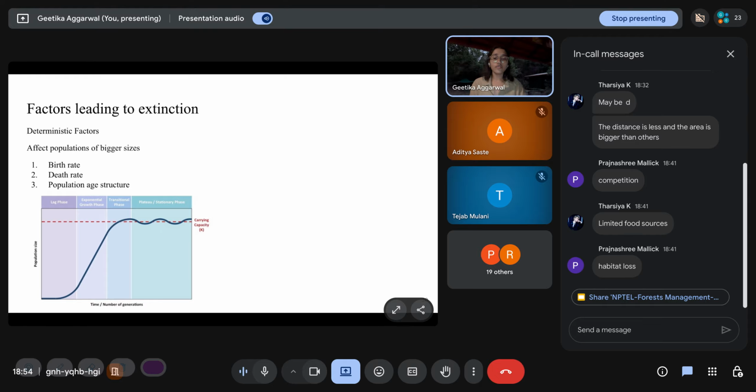There's a sudden spike in the population, but eventually, because of limitation in resources, it starts to plateau and reach a steady state, which is the carrying capacity of that area: the number of individuals the area can sustain based on the resources present. Above this, it cannot sustain.